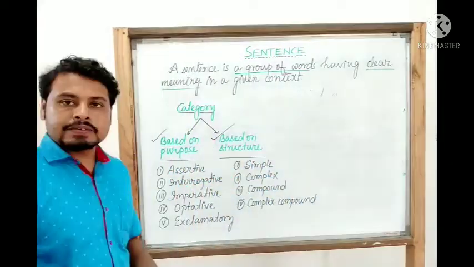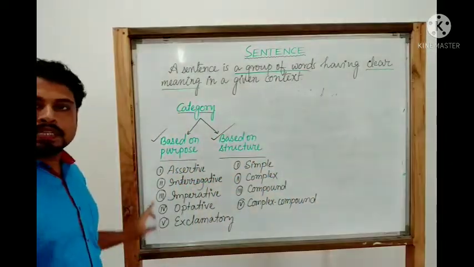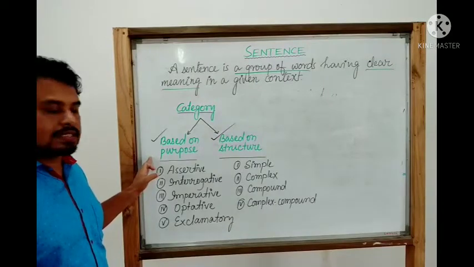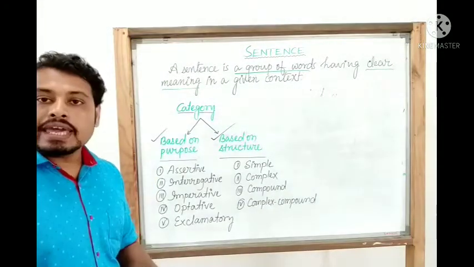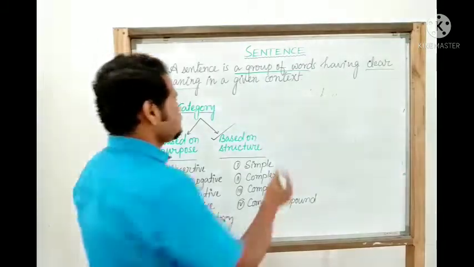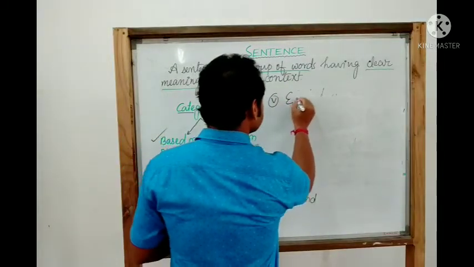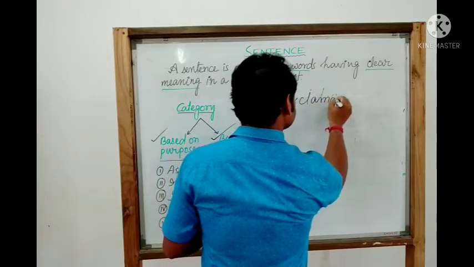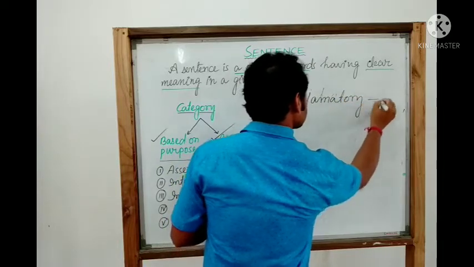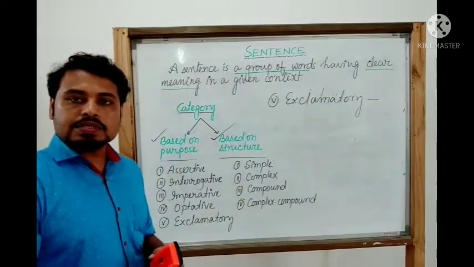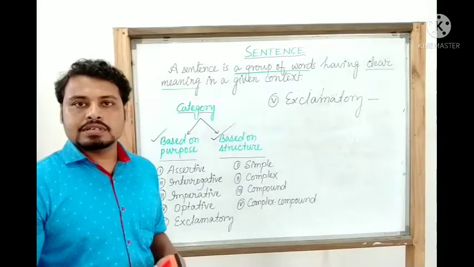Next we have the last type in the first category of sentences. We have with us the exclamatory sentence, number 5, exclamatory. Exclamatory comes from exclamation.